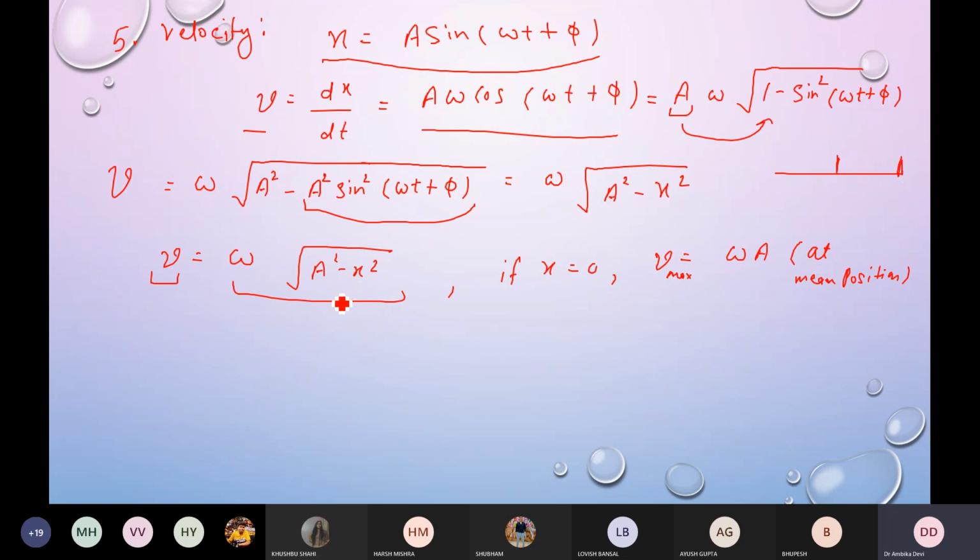So at the extreme position, x becomes a, because that is the amplitude of vibration. And if you put x is equal to a in this equation, then v becomes minimum, because in that situation velocity will be equal to 0. If you put x is equal to a over here, then velocity will become minimum, and this is the extreme position.